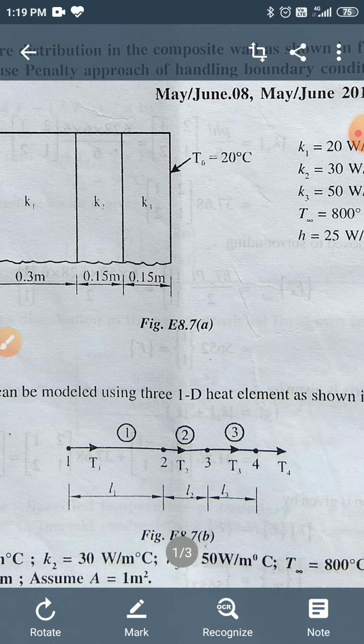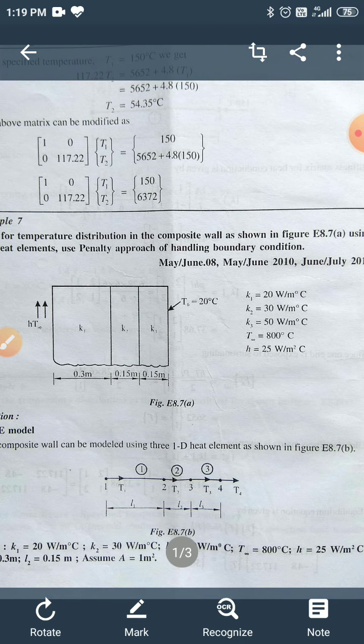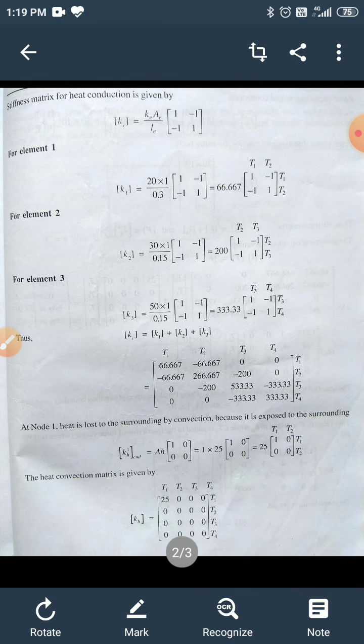So we are going to obtain the stiffness matrix of the given composite wall, which consists of three elements. For the first element, the conduction stiffness matrix is Kc equal to K1 Ae upon Le into the matrix 1 minus 1 minus 1 1. Here K1 is the thermal conductivity of the first material, Ae is the elemental area, which we assumed as 1, and the length of the first element is 0.3 meter.